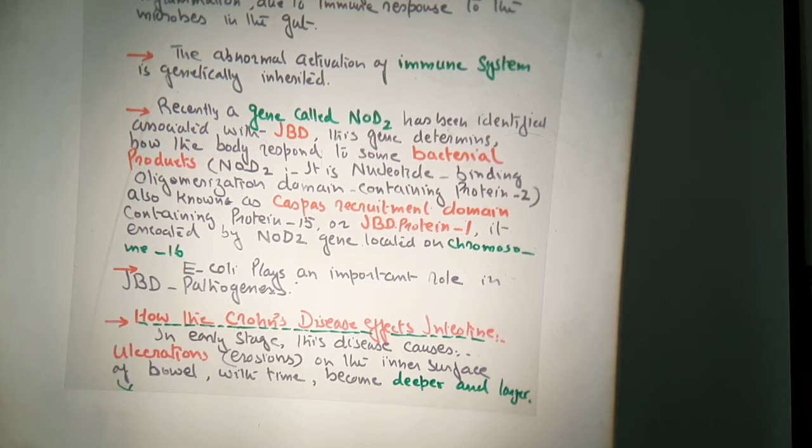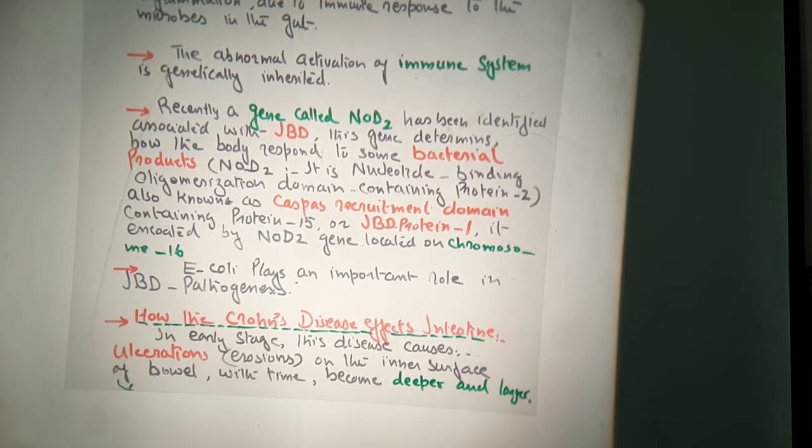Now, what is NOD2? What do we mean by NOD2? It is nucleotide binding oligomerization domain containing protein 2, also known as caspase recruitment domain containing protein 15, or inflammatory bowel disease protein 1.